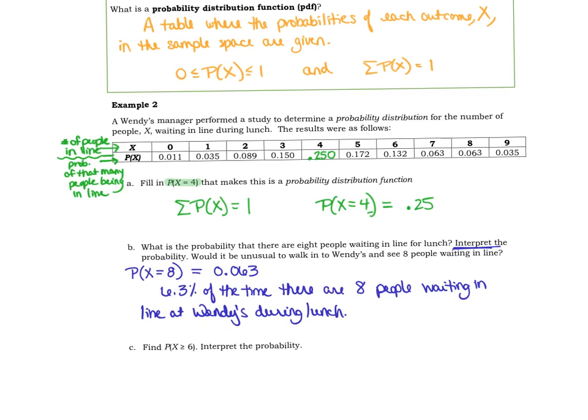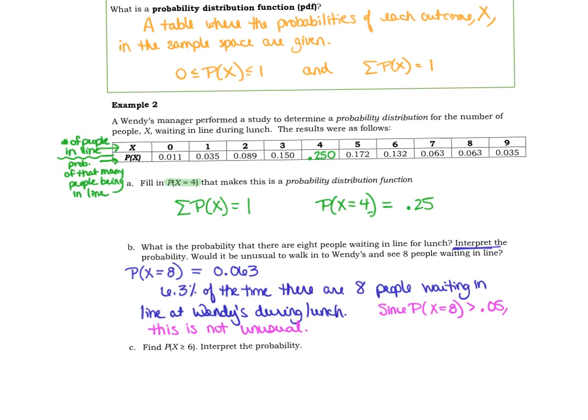So in this case, since the probability that there are 8 people waiting in line is greater than 0.05, this is not unusual. So make sure you're answering all the parts of the question. There were 3 things there that we had to do.